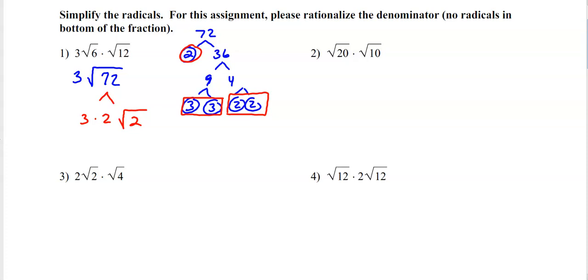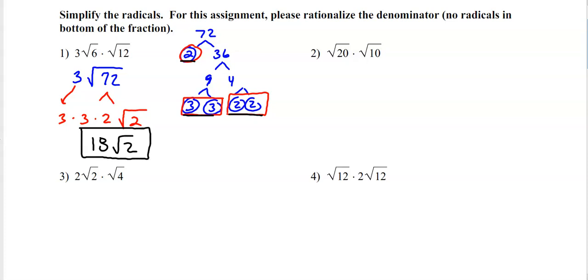Your pairs go on the outside. Now I can't forget the original 3. I had a beginning 3 out there too. So this part came from here, and then the original 3. Now when I clean it all up, 3 times 3 is 9 times 2. This comes out to be 18 radical 2.